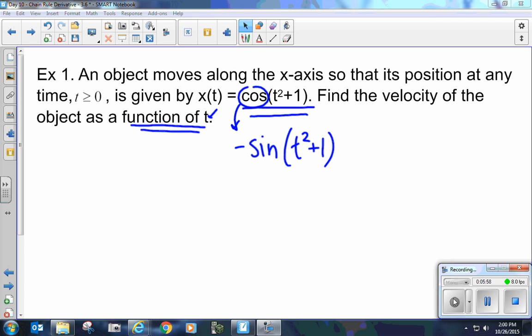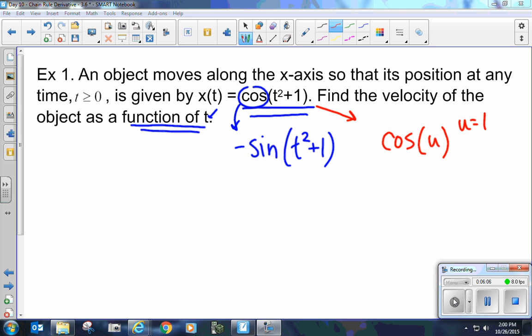Let's bring this over here and do the chain. I'm going to take the cosine of u, where u is t squared plus 1. Follow? I'm just going to replace t squared plus 1 with a u, which is what I did.